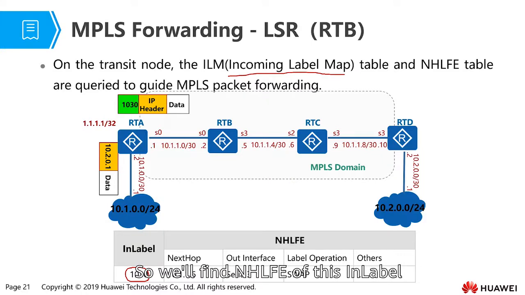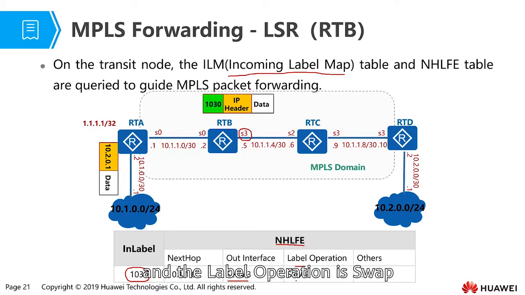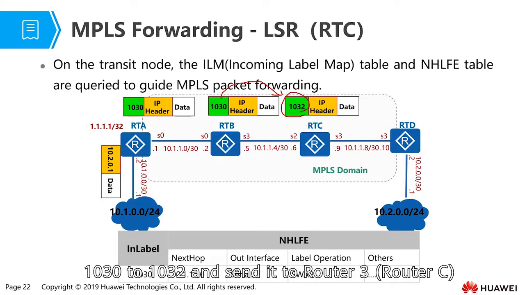So we will find the NHLFE of this in label. The out interface is 0/3 and the label operation is swap, and the out label is 1032. So we will swap 1030 to 1032 and send it to router C.